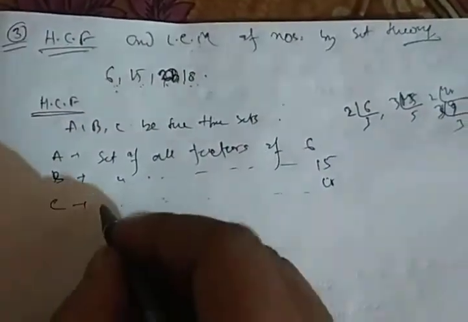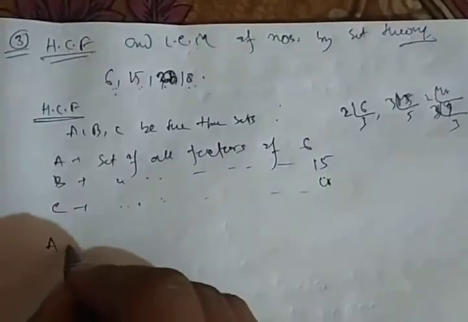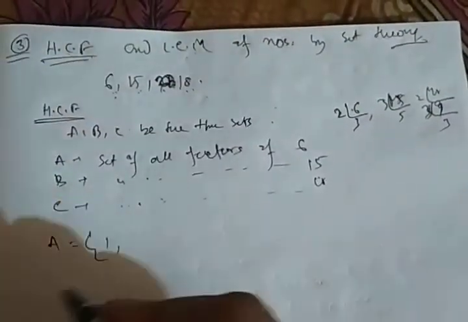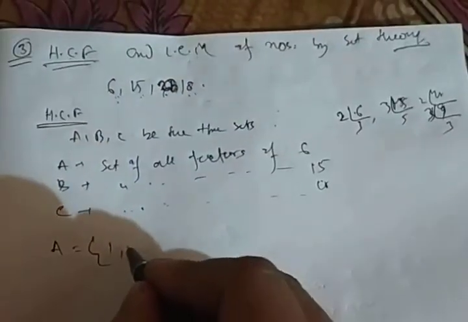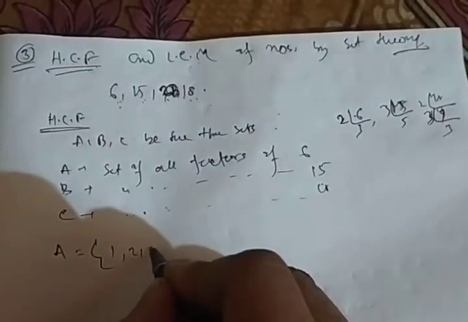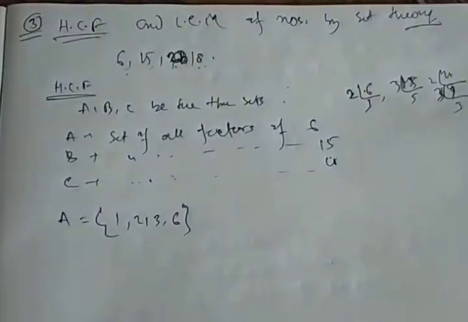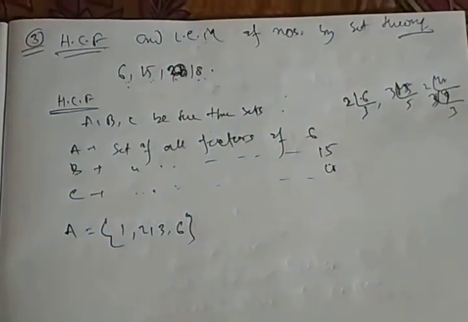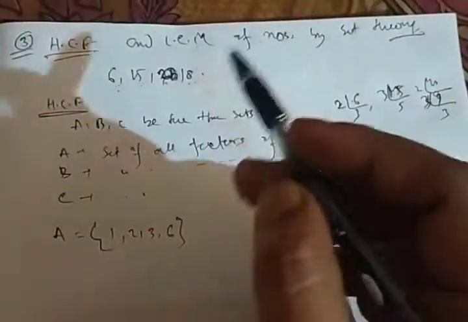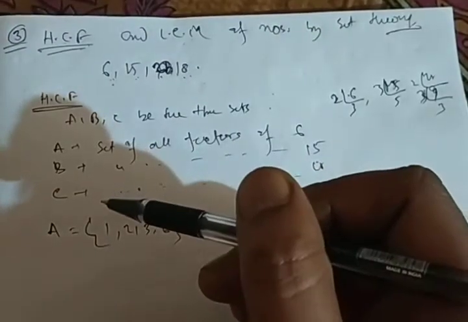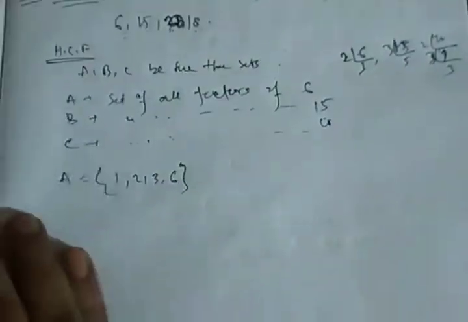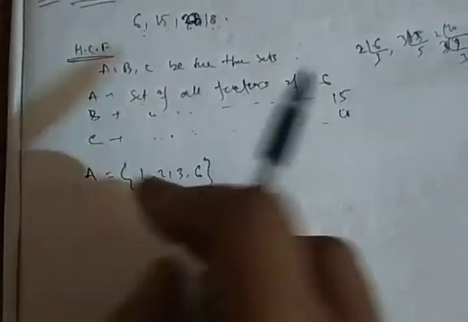So all the factors of A, all the factors of 6 will be 1, which is always a factor, and next 2 is a factor, 3 is a factor, and 6 itself is a factor. Factors means the numbers by which 6 is divisible. These will be the factors of 6.